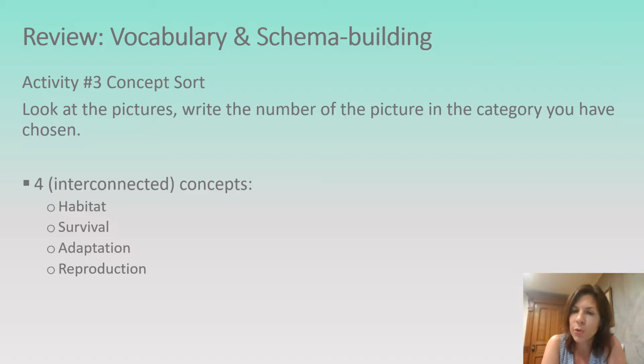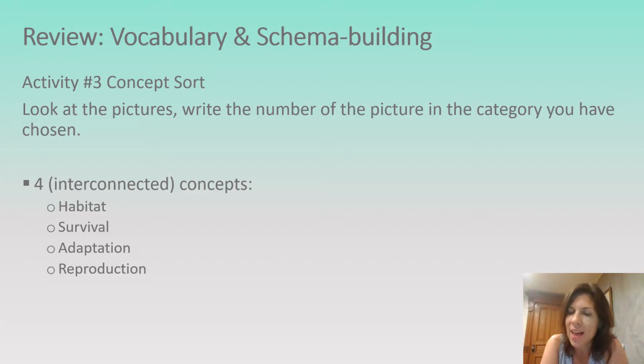If you turn to activity 3 in your workbooks, I've given you 4 different categories, right? 4 different interconnected concepts: habitat, survival, adaptation, and reproduction, okay? Now I'm going to show you some pictures, and you are going to write the number of the picture in the category or the concept that you have chosen.